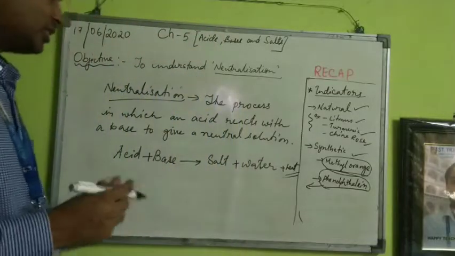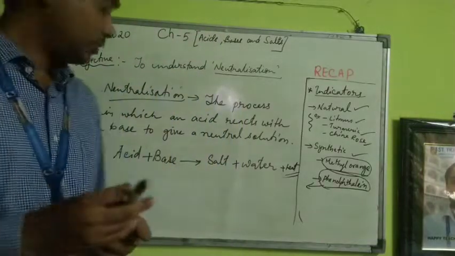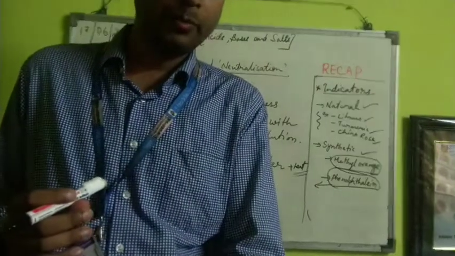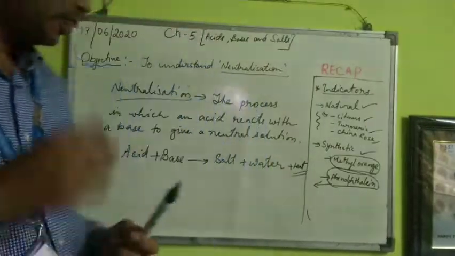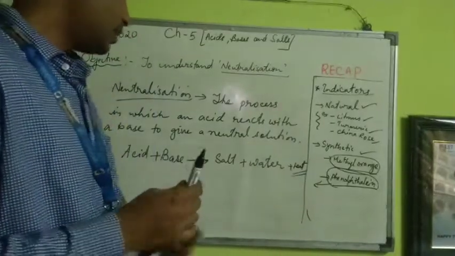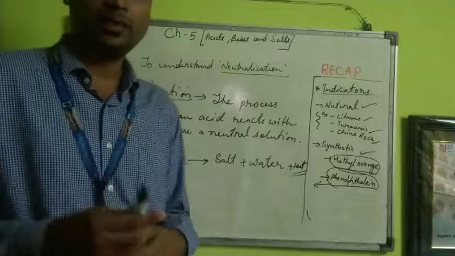So this is the neutralization reaction, and now we are going to discuss an activity, which is activity 5.5, to understand the effect of neutralization, how neutralization changes the effect of an acid or a base.